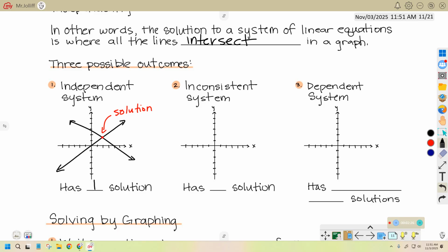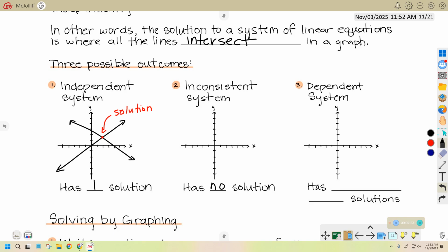Second possibility is that my system has no solution. If the solution to my system is where the lines cross in a graph, what would a graph look like with no solution? Yes, Vicky's doing this. Very good.